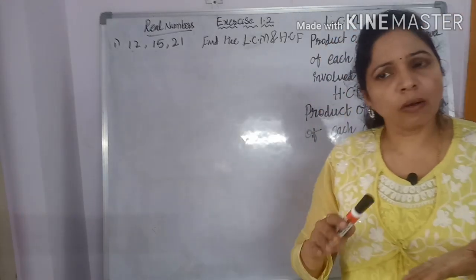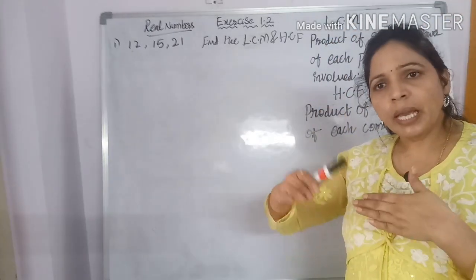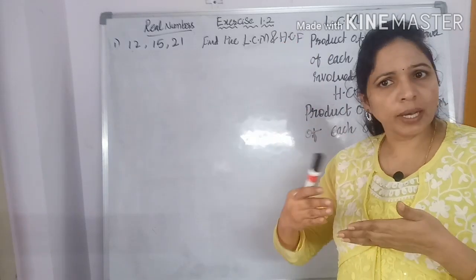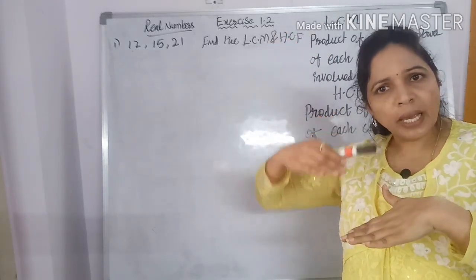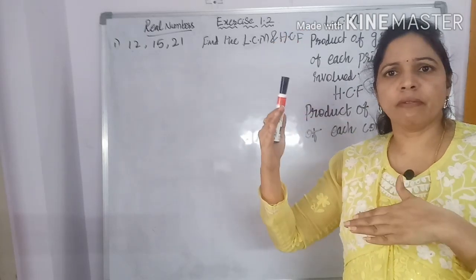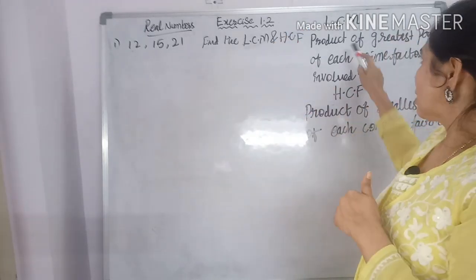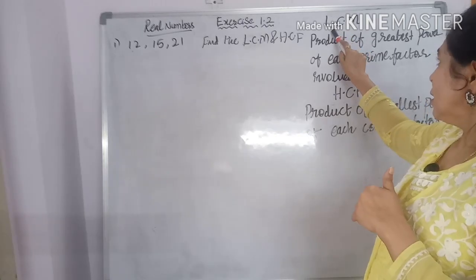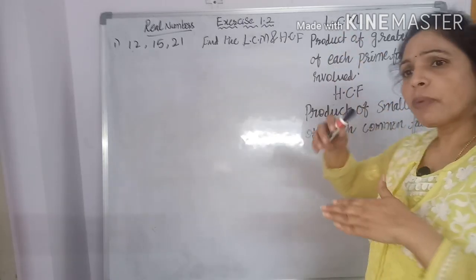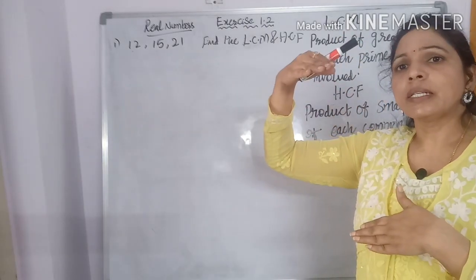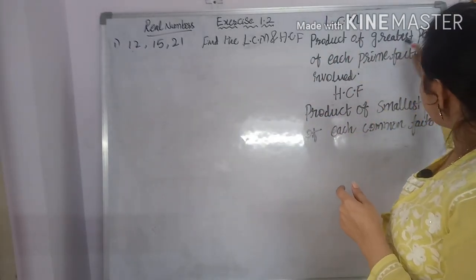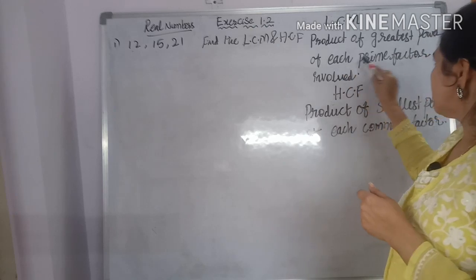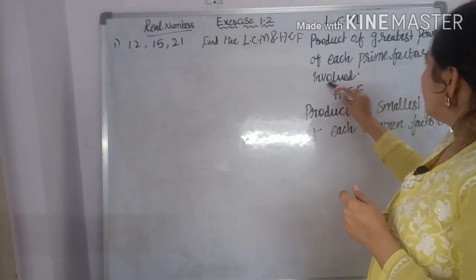For lowest, you should take greatest. Just reverse of it. So remember, for least common multiple, you should take the product of greatest power of each prime factor involved.